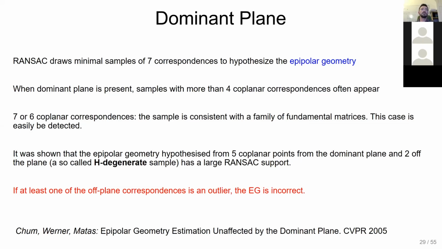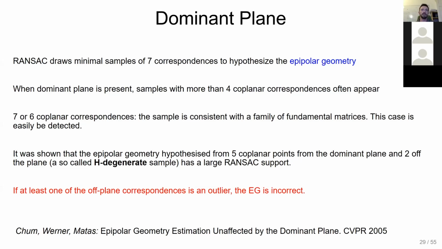So if you draw 7 or 6 correspondences and use a 7-point algorithm, then, this is the degenerate sample, you will get a whole family of fundamental matrices. So this can be easily detected and this is not a problem.